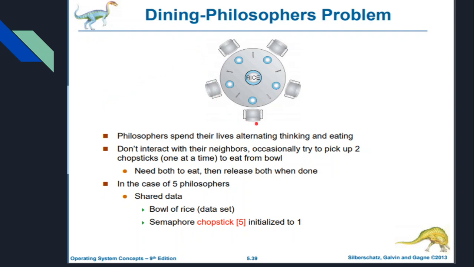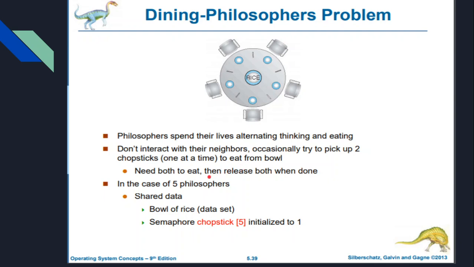The dining philosopher problem says that there are, for example, here 5 philosophers sitting at a dining table to have their dinner. They always keep on alternately thinking and eating. They never talk with their neighbors, they keep on thinking and eating. If they want to eat, they need both chopsticks, from either side, to have their dinner.